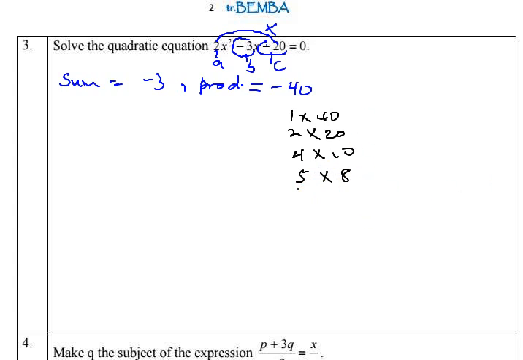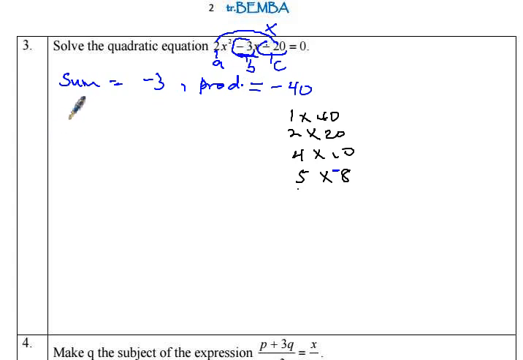Okay, we only now need to bring in signs, and since I have a negative sum, that means my bigger number is the one which is going to be negative, so that when I say 5 plus negative 8, I get negative 3, and 5 times negative 8, I get negative 40. So when we get these two numbers, we expand this middle part here, all right?